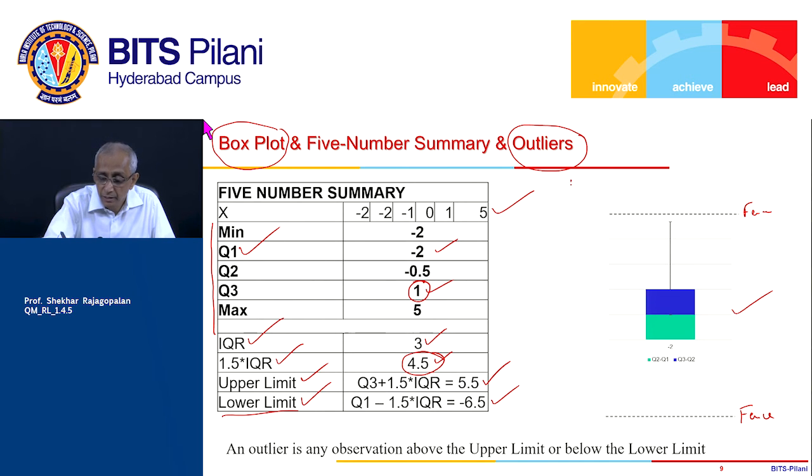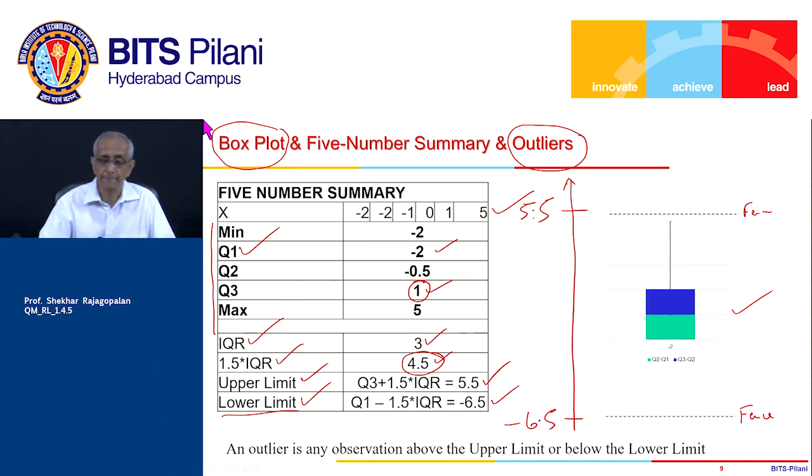If I look at this as the value, this is going to be -6.5 and this is going to be 5.5. Then I identify the location of Q1, Q2 and Q3. So I draw this box out here.